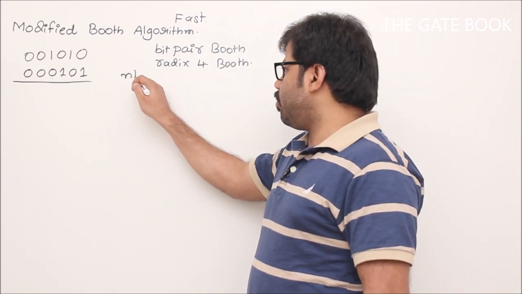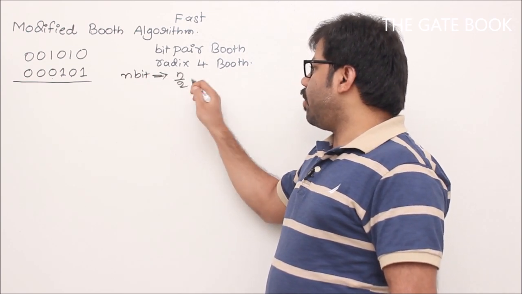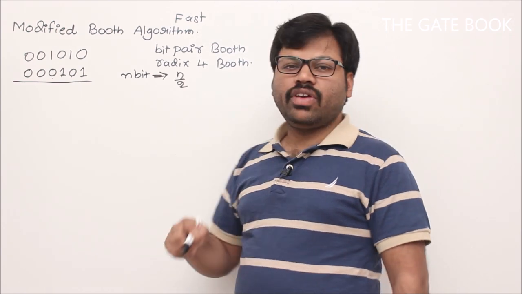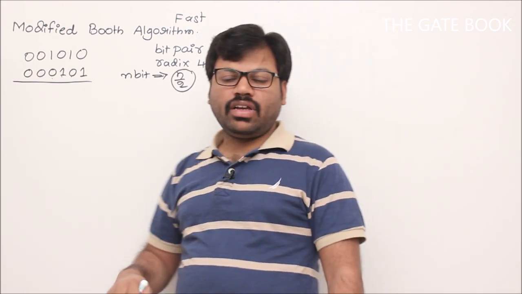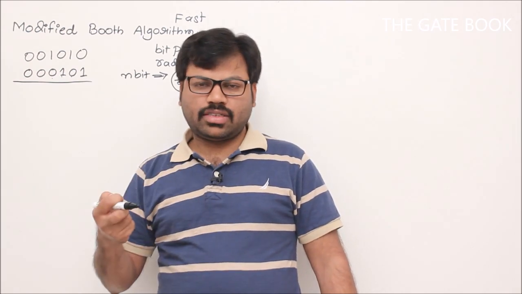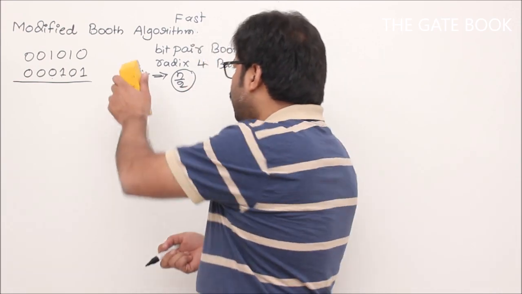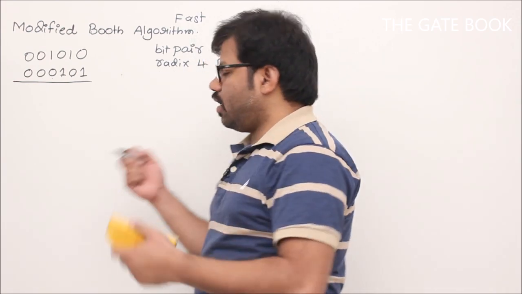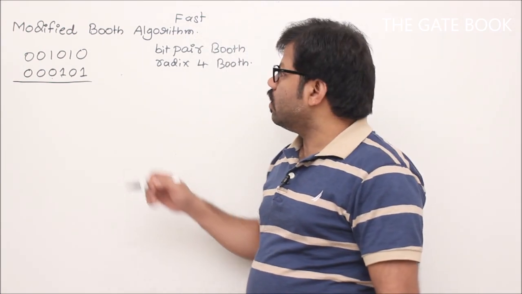If you have an n-bit multiplier, then generally we would have n summands, and we reduce it to at most n by 2 summands, maybe less than that if you have some zero summands. That is the idea. But how that will take place, we will see.